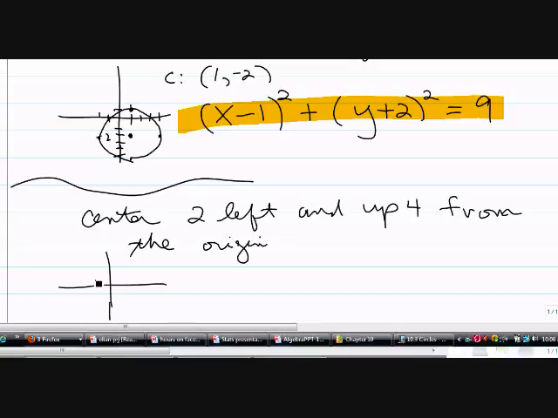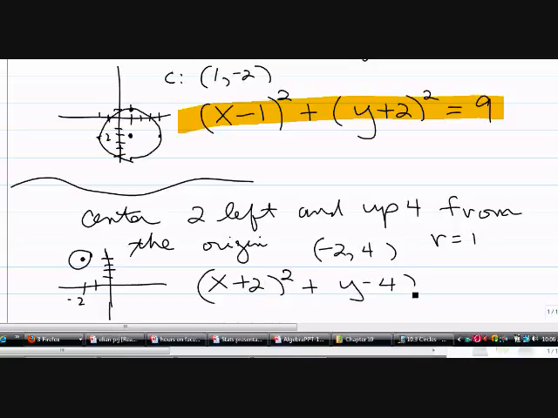I'm going to move 2 left and up 4. There's my new center. That's a center at -2, 4. And let's make the radius 1. There we go. My equation is x plus 2 squared plus y minus 4 squared equals 1 squared.